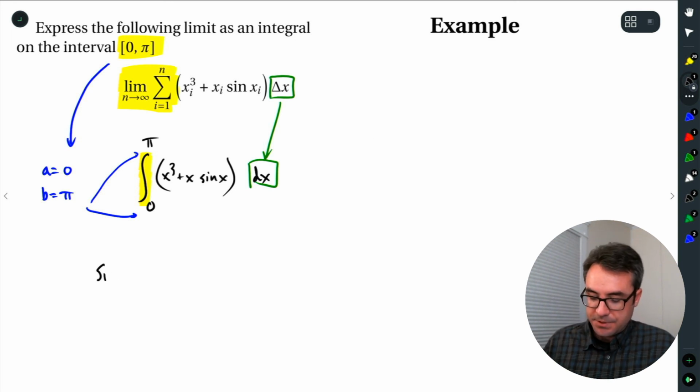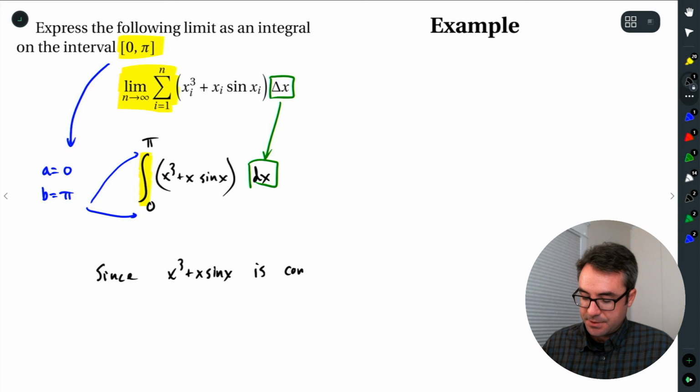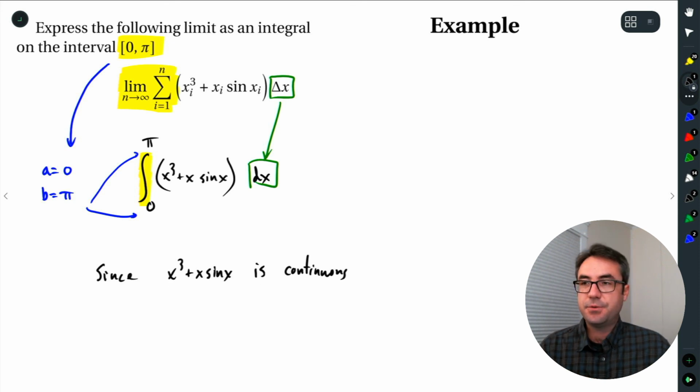And just a little note, the function x cubed plus x times sine of x is continuous. Sine is a continuous function, x cubed is a continuous function, so this whole thing is continuous, especially on the interval from 0 to pi. This definite integral we should be able to do.